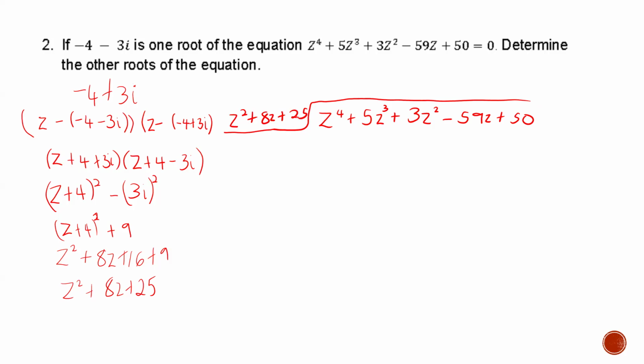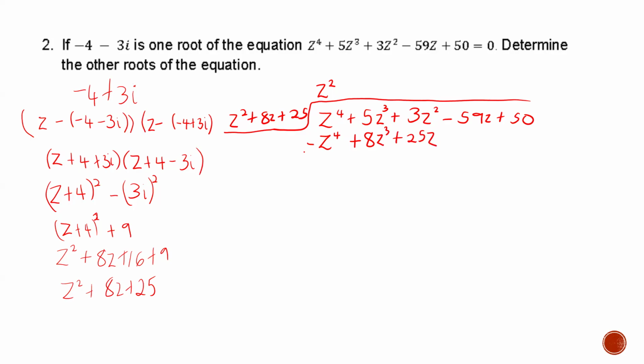Yeah. So we divide z to the power 4 by z squared. Then we multiply through. So z to the power 4 divided by z squared will give us z squared, right? Z squared times z squared plus 8z plus 25 will give us z to the power 4 plus 8z cubed plus 25z squared, right?